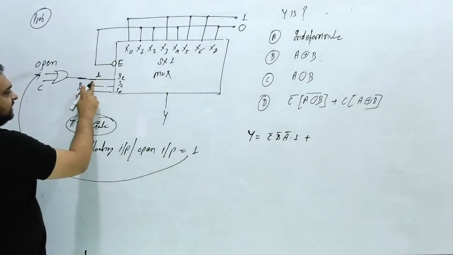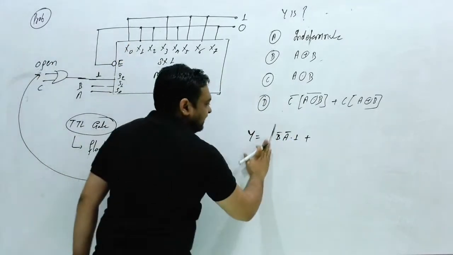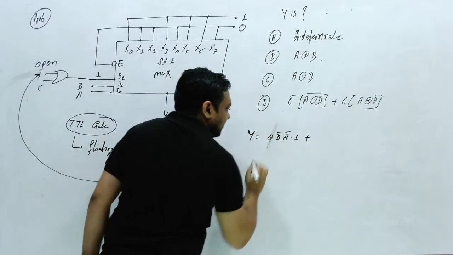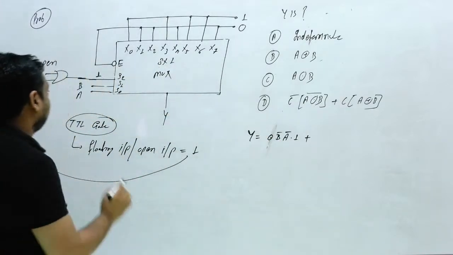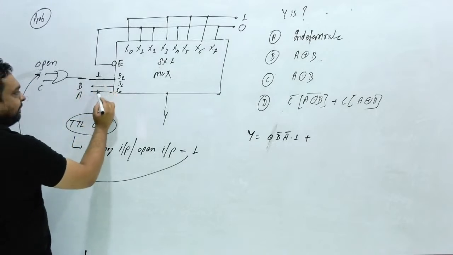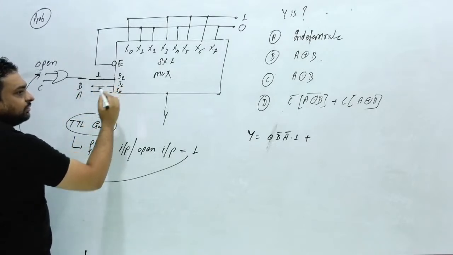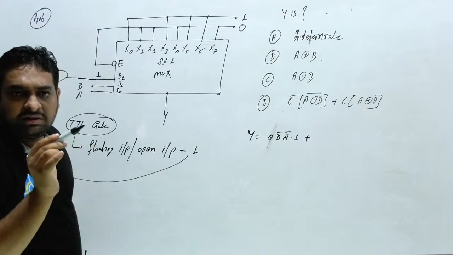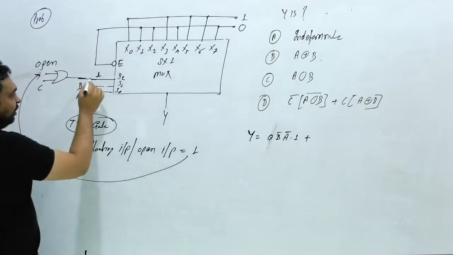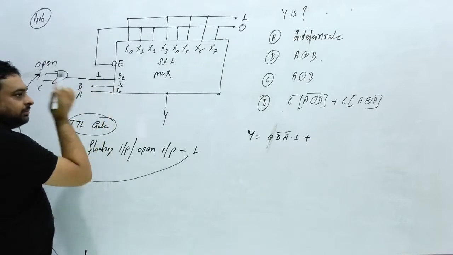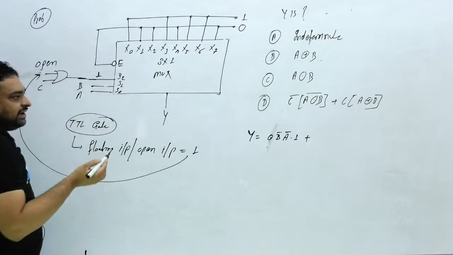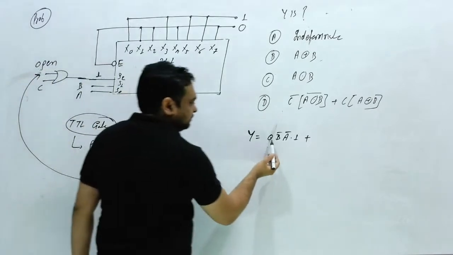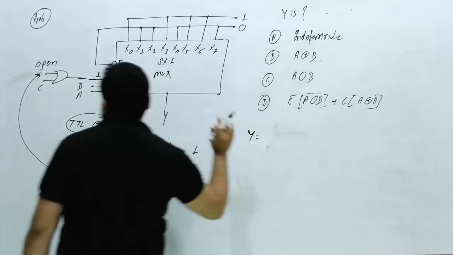You cannot write this C bar, this is 1 bar, which means 0. What will be the second term? If you can see here, the first 4 terms are 0: 0, 0, 0, 0, 0, 1, 0, 1, 0 and 0, 1, 1. So for these 4 terms, what can you write? Multiply with 0. Sorry, these 4 terms, just wait.